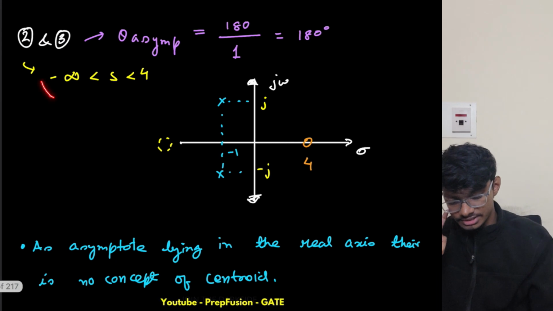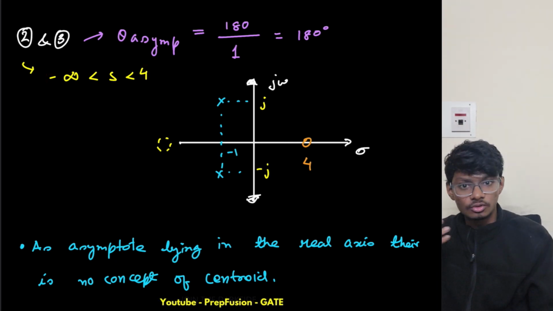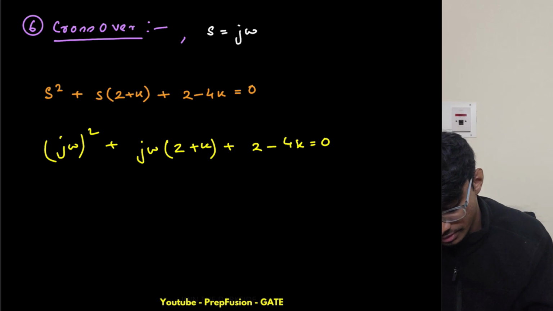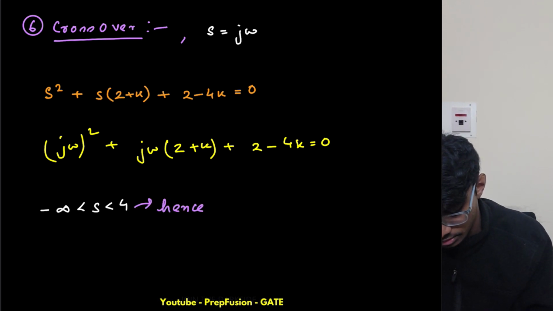What is my test point range? It is minus infinity to 4. Between this, obviously 0 comes up, so 0 will be here. So omega equals 0 is a solution, as s lies between minus infinity and 4, hence omega equals 0 is a valid solution.